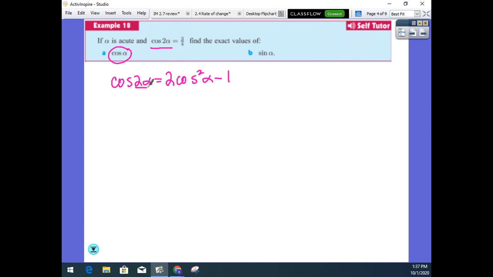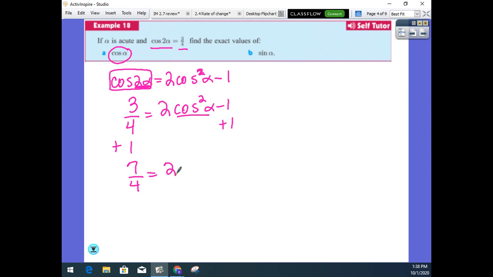All right, so I'm going to write out my cosine double angle that just uses cosine. I can't have a 2 here, but I can have it squared because I can get rid of the square by taking the square root. It says in the problem that cosine 2 theta equals 3/4, so we can just substitute 3/4 in place of it. Now I'm just going to get cosine by itself. Add 1 to both sides. 3/4 plus 1 is 7/4.